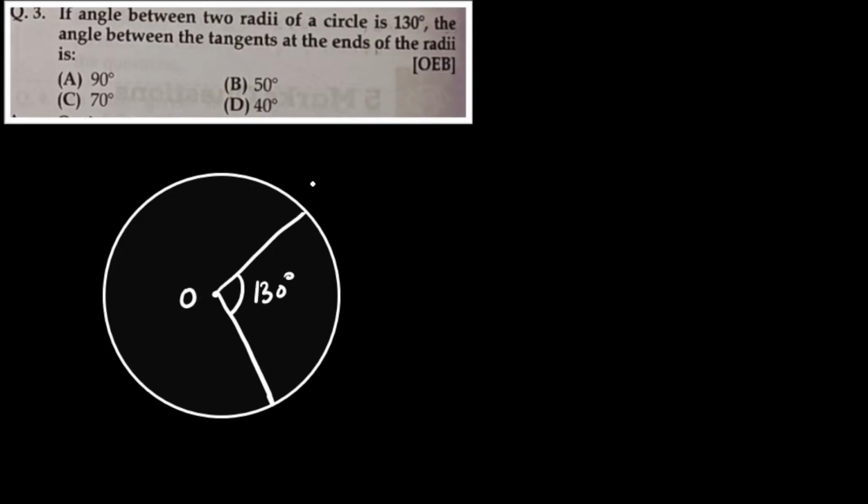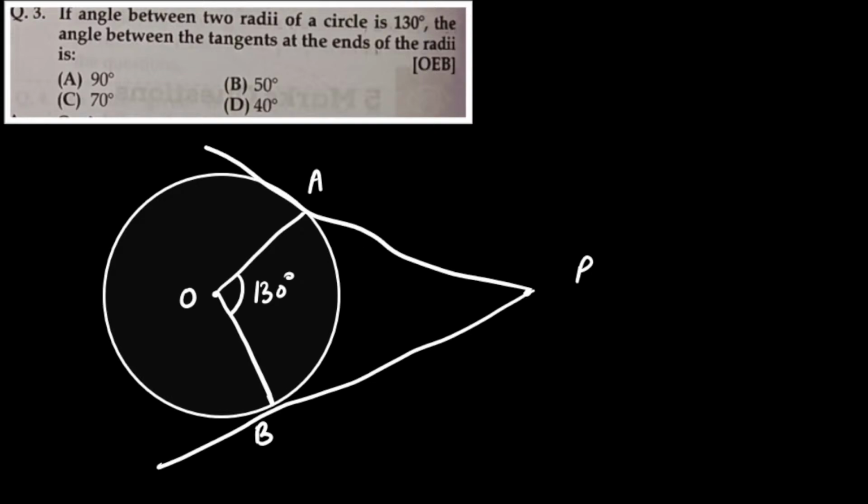So this is O, and let's say point A and point B. Between two radii we have an angle equal to 130 degrees. Then they are telling the angle between the tangents. So suppose I am here, I have one point P. From point P I have drawn one tangent to point B and to A also.